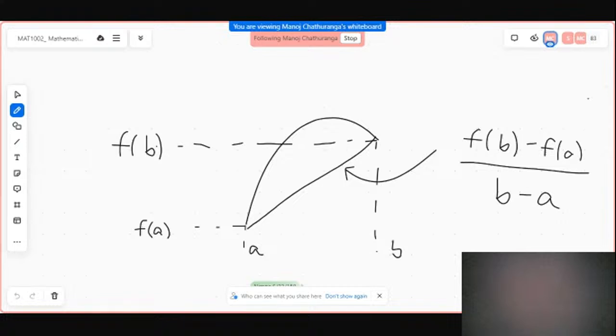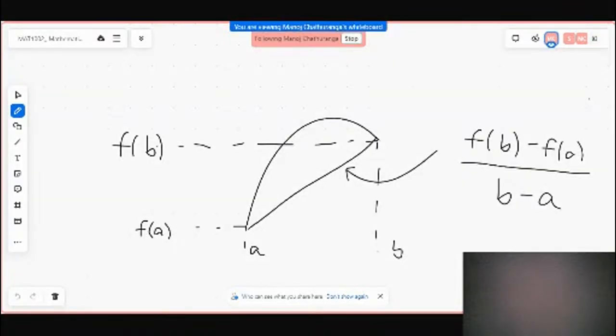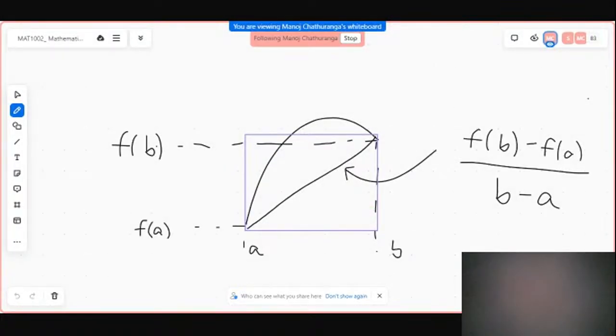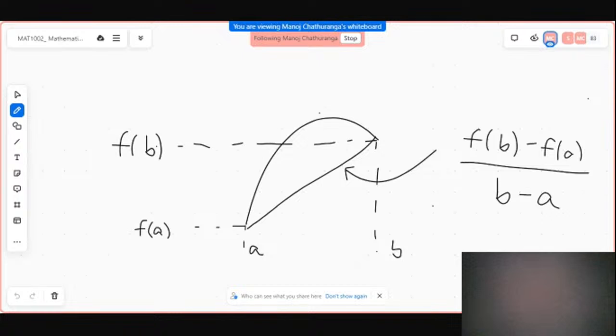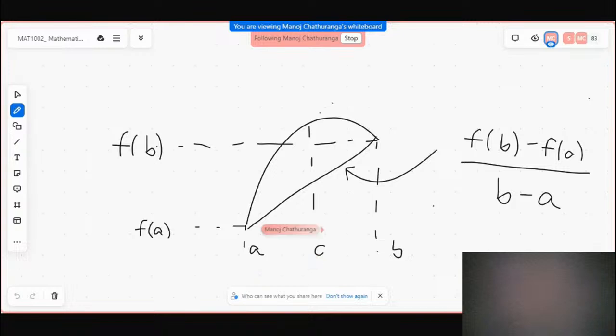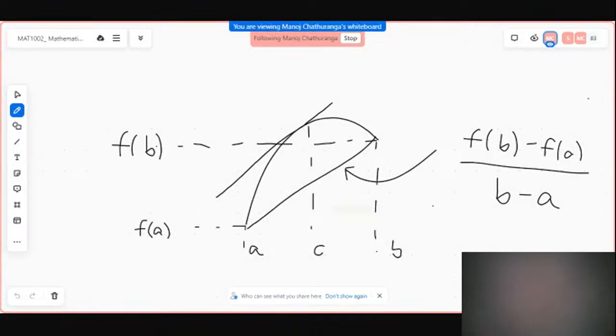Now, what the theorem says is there is a point c in between a and b such that the tangent line at c has the same slope.